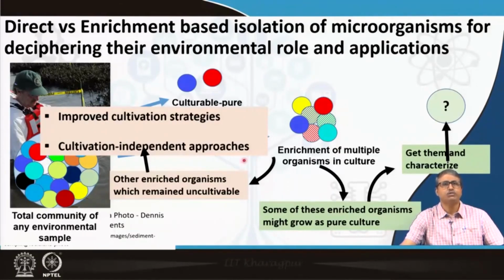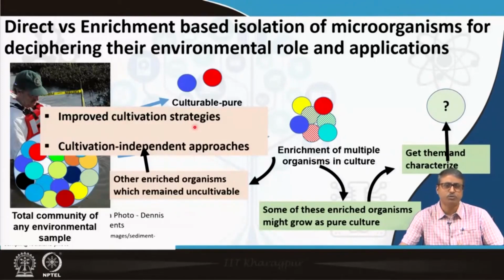So, what are we going to do if we have an enrichment culture and we want to know what organisms are enriched, what functions they are carrying out, and how they are going to be helpful for any environmental biotechnology process? One idea could be using improved cultivation strategies.